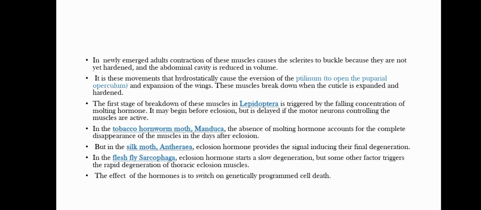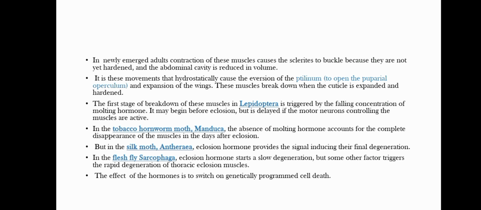That is, in the Lepidoptera, muscle breakdown is contributed by the decrease in the concentration of molting hormone. But in the case of the silk moth, eclosion hormone provides the signal, that is, with an increase in the concentration of the eclosion hormone, the associated muscles get degenerated.